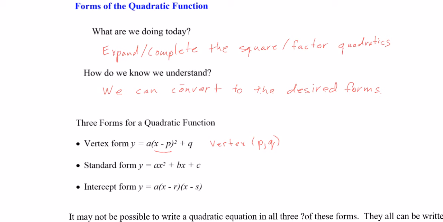And then we also took a look at the standard form, which is where we all started at the very beginning of Unit 1. And when we were in Unit 1, we studied the intercept form, which involves sometimes common factoring, regular factoring, and factoring difficult trinomials.